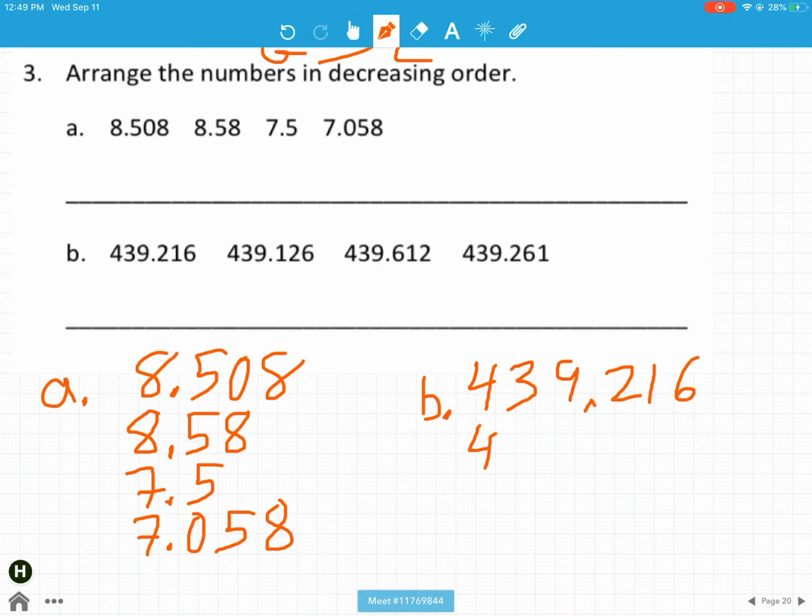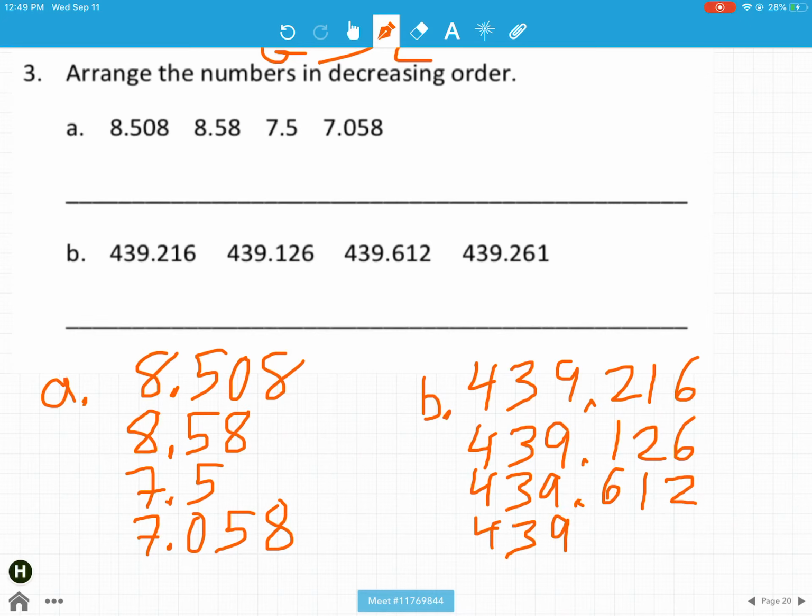So 439 and 216 thousandths. Then we have 439 and 126 thousandths. And 439 and 612 thousandths. And we have 439 and 261 thousandths.